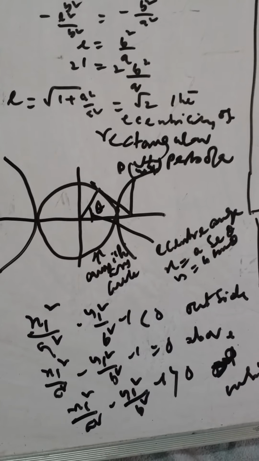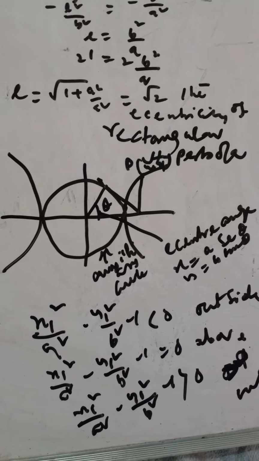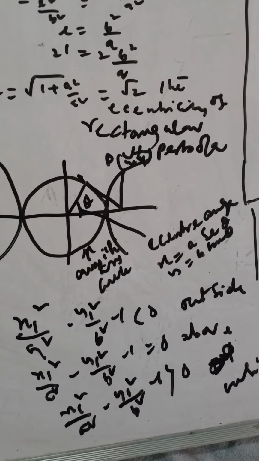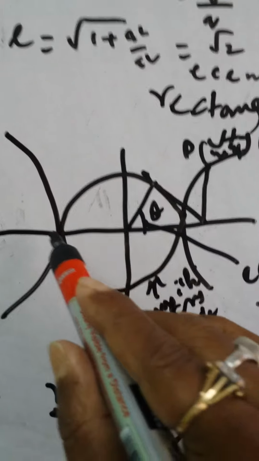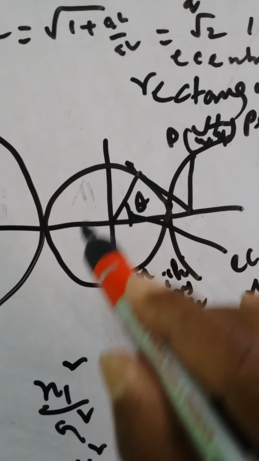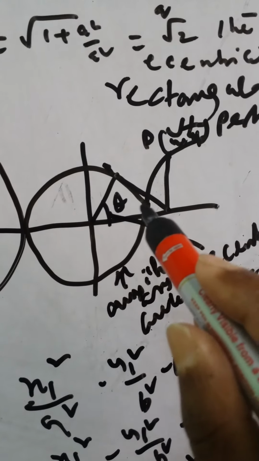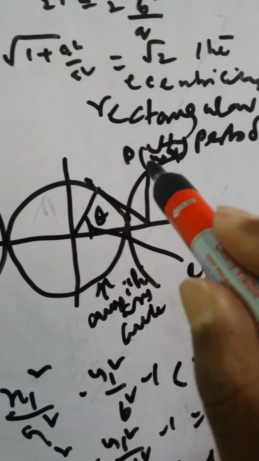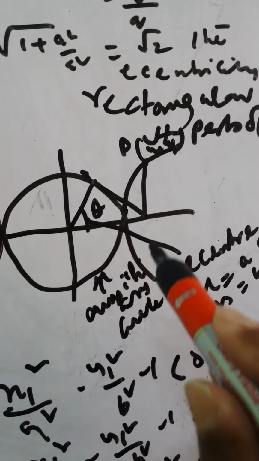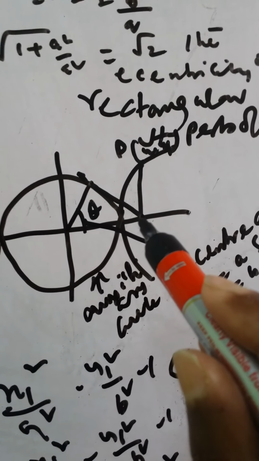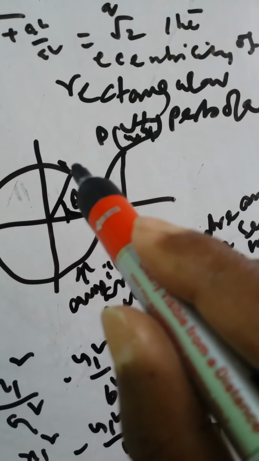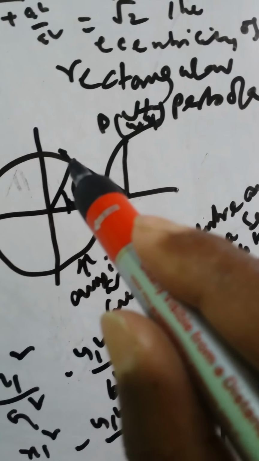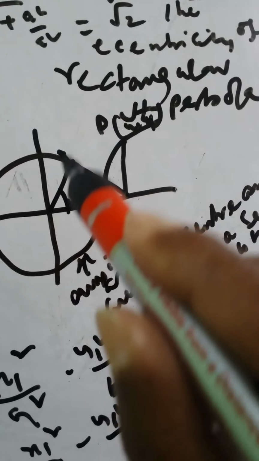Now I am telling the parametric coordinate. What is parametric coordinate? If you draw a circle having radius a, and suppose this point is x, y, draw a perpendicular, that is y, and from this point you draw a tangent where it cuts, then join the origin with this.